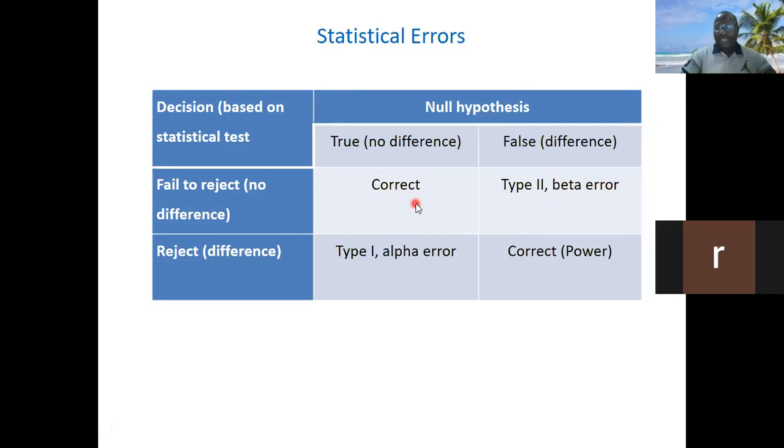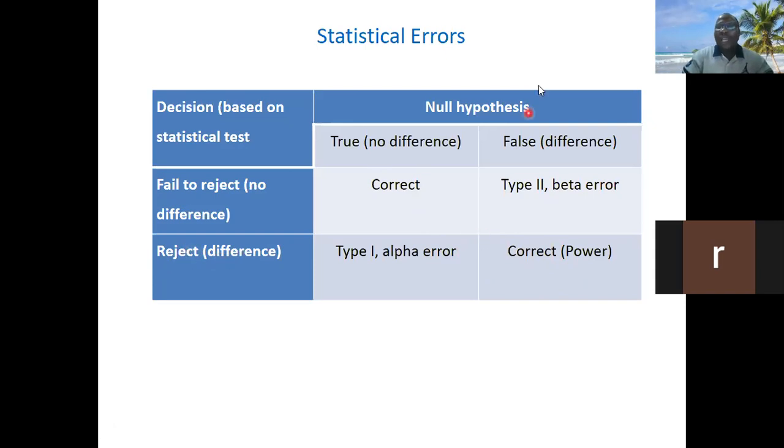Yes, let's start with this one that talks about power. It is a correct option in a situation where, after you state the null hypothesis that there's no difference, in real life, God knows there's a difference. There's an association between the two variables, and your study finds the difference, finds the association.